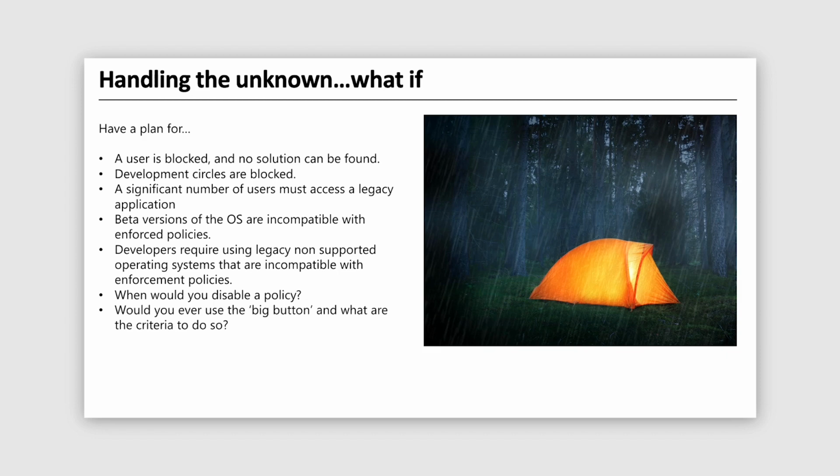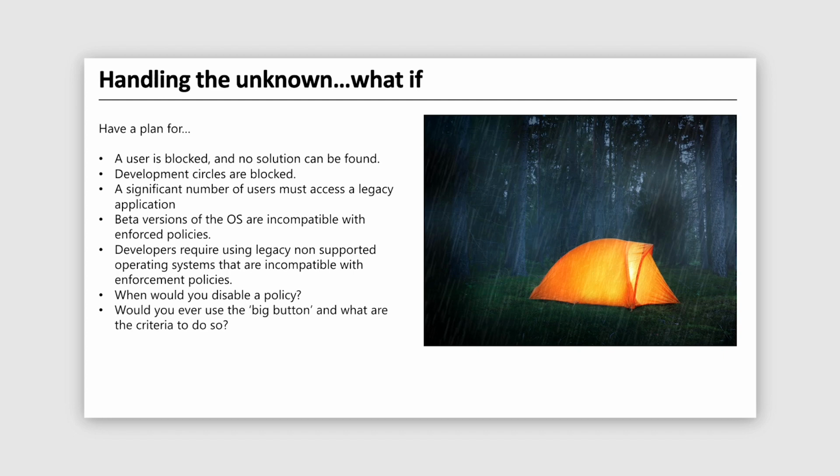I'll use Windows since we demoed Windows today. We have 350,000 devices under management here at Microsoft internally. What happens if something gets rolled out and all 350,000 of those people get blocked? What do you do? You need to have an answer for that.